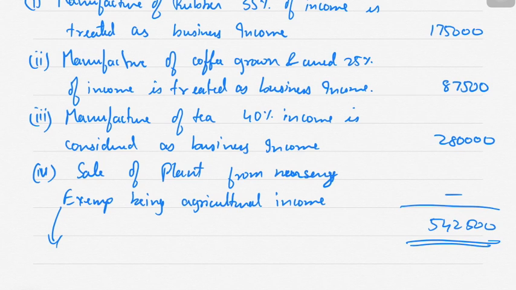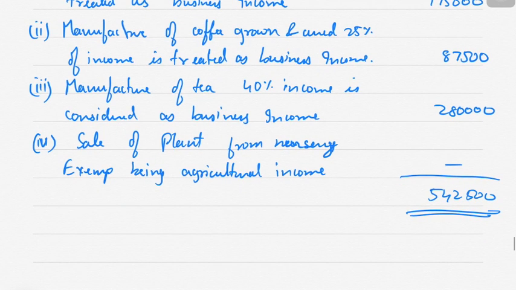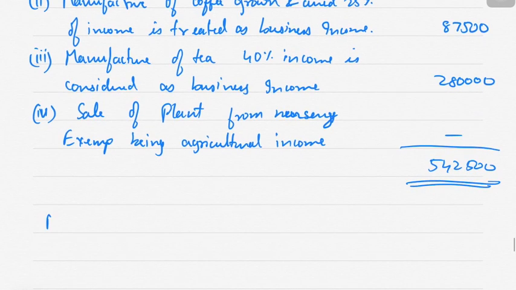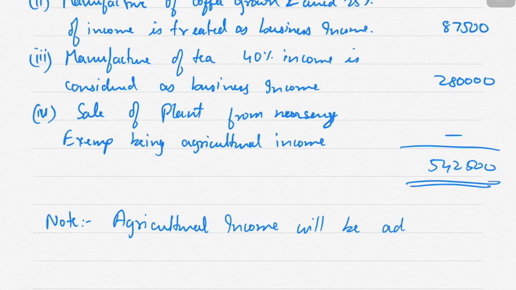However, agricultural income will be added in total income for computation of tax. I'll just write a note. The note is very important in the exam. Agricultural income will be added in total income for computation of tax.